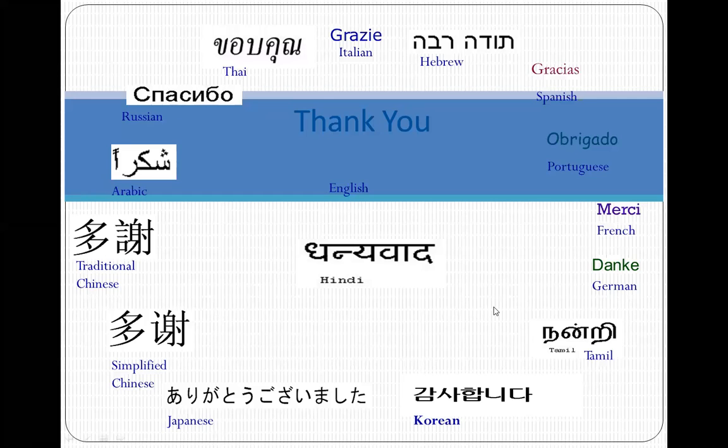So the answer is cloud provider. You can check your answers here. So the answers to both the questions are: first is SLA, the service level agreement, and second, cloud provider.